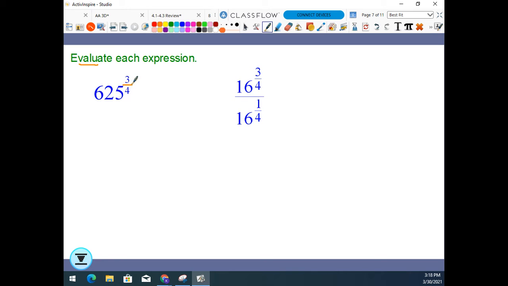So let's remember, if you have a rational exponent, you might just want to move the denominator to the corner. You need the fourth root of 625, and I'm going to keep the 3 on the outside exponent. The fourth root of 625 is 5, and 5 to the third is 125.